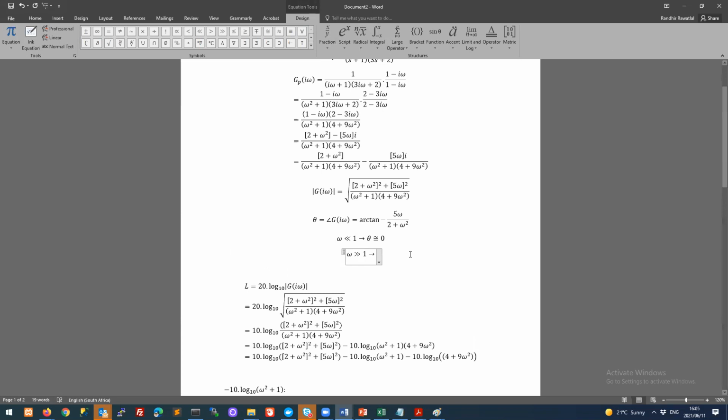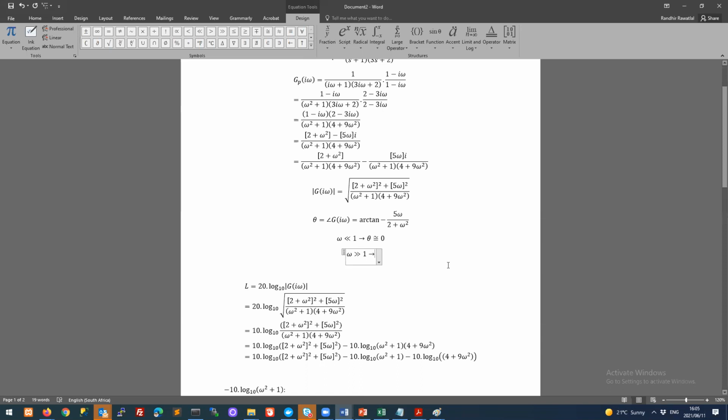If we think about that, when omega is very large here, you can see this omega squared is much more than the 2. So don't just bash it in and say, okay, it's infinity divided by infinity. You have to look at the limits here. So when omega is large, then this term is much bigger than this term.